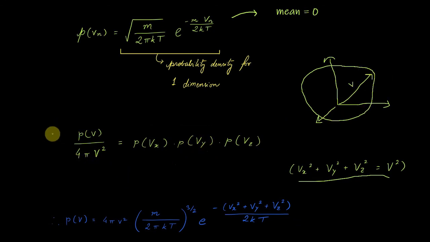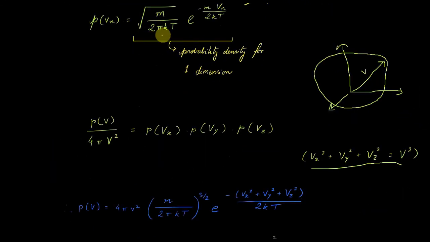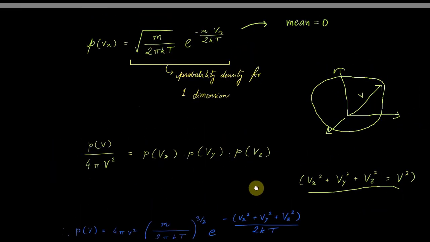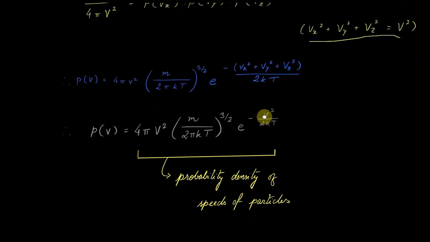And so that's the intuitive explanation behind this derivation. If you expand this using the density for velocity in one direction, then you would get this. And since vx square plus vy square plus vz square is v square, you would get the expression for the distribution for the speeds. And that's the intuition behind it.